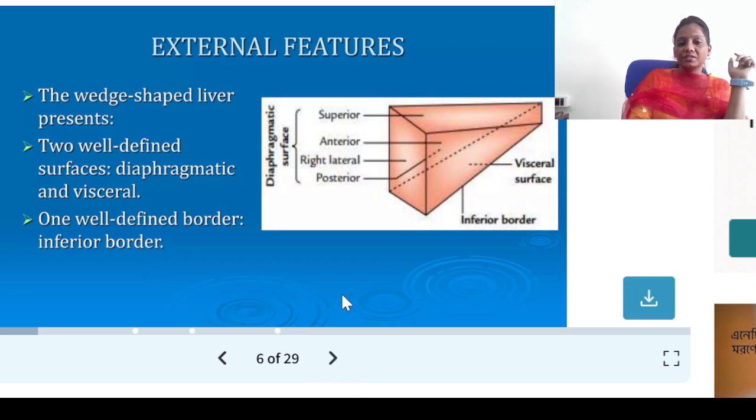So overall there are two surfaces: the superior portion of the liver is covered by the diaphragm, and the inferior portion is covered by visceral organs, and the other well defined border is the inferior border.